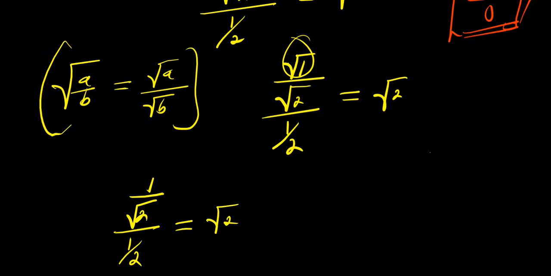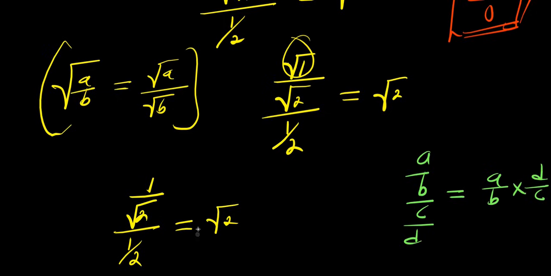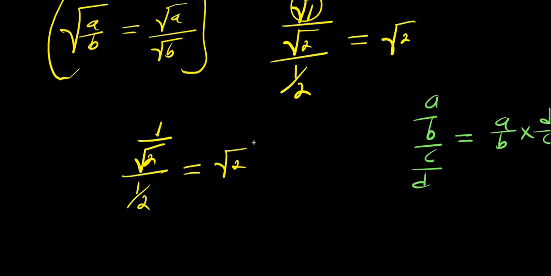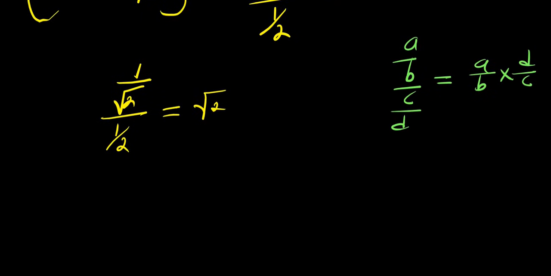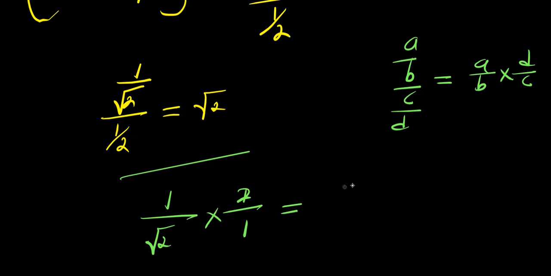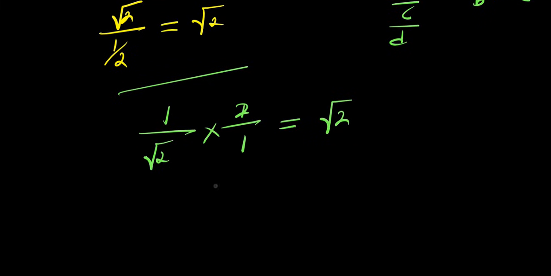So a divided by b divided by c divided by d equals a divided by b times d divided by c. So applying that here, 1 divided by root 2 times 2 divided by 1 equals root 2. 2 times 1, this is 2 divided by root 2 equals root 2.